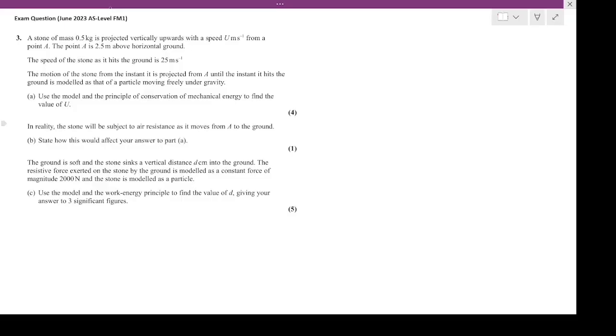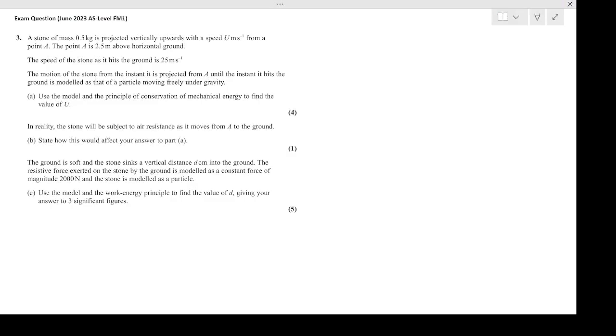In part A it says to use the model and the principle of conservation of mechanical energy, so conservation of energy in fancy language, to find the value of this u.